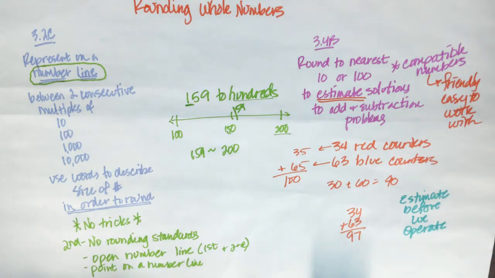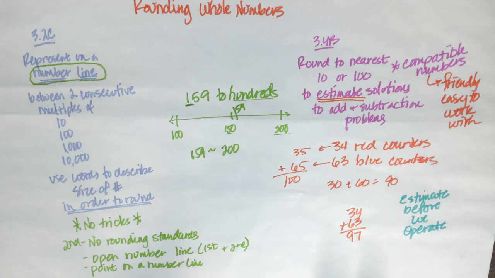So let's say your student walked into McDonald's and they had a $10 bill. They would want to figure out before they got up there to place their order about how much their food was going to cost, so they would know if they had the right amount of money. If I walk up and I've ordered $15 worth of food and I only have a $10 bill, I have a problem.